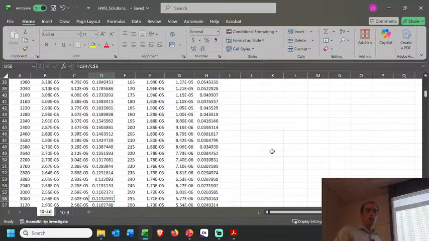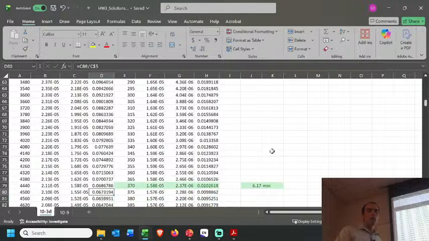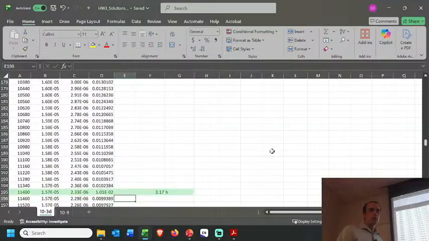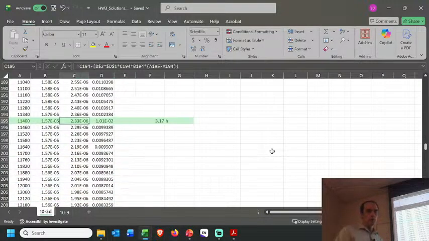So we can simply just walk this down until we find the spots where C over C naught crosses from higher than 0.01 to lower than 0.01. Right there. And call that 4,440 seconds. Or I know this is 330 seconds, sorry. On the flip side, on the lower pH, we have to continue all the way down until we find it right here.